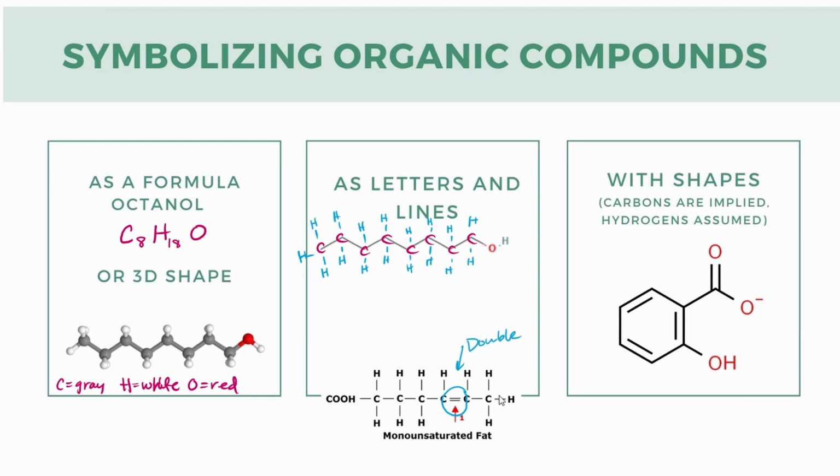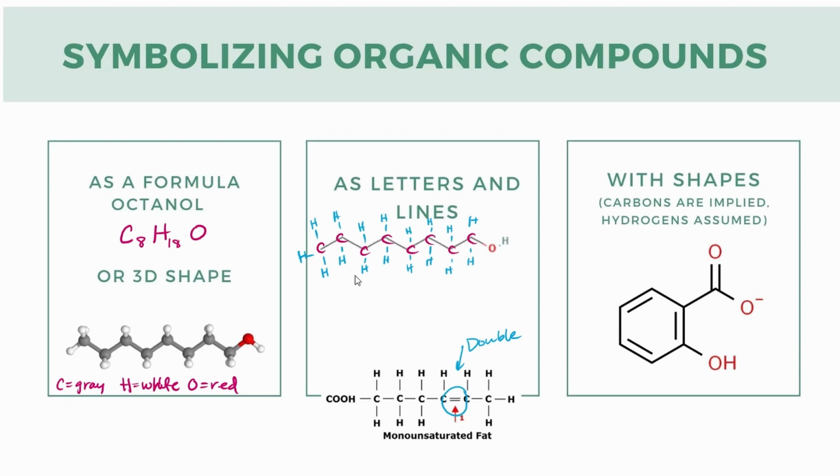And then we can also not show the hydrogens, since once you get really good you can count how many hydrogens there are. So you can just show it as a shape. Here, at every corner, every little point, we can assume that there's a carbon, and we can also assume that there are hydrogens.